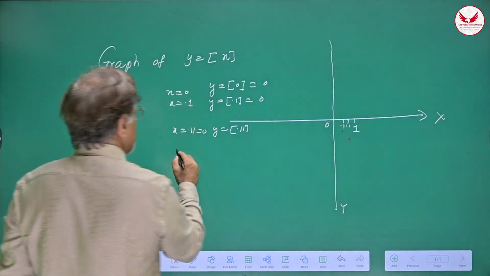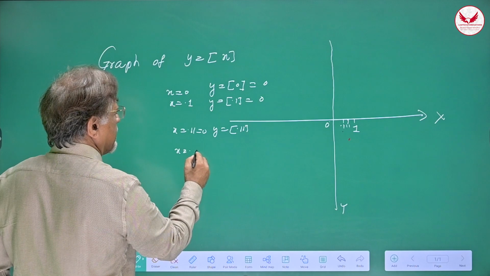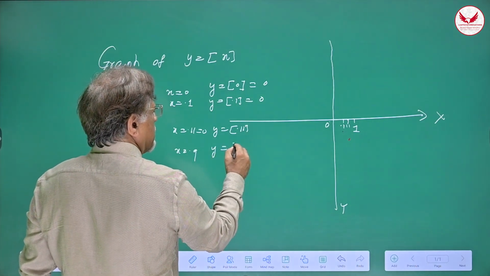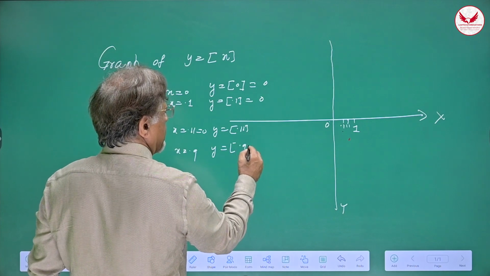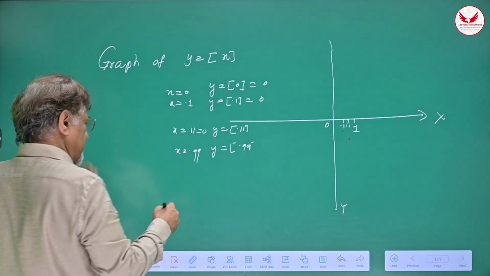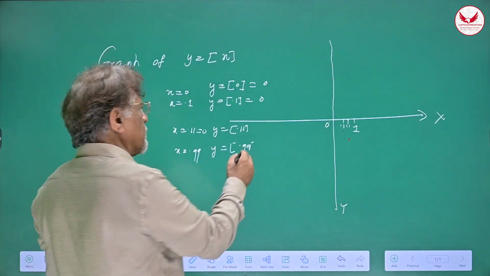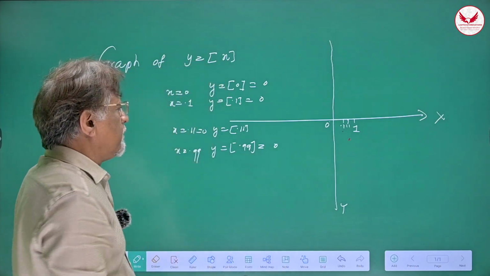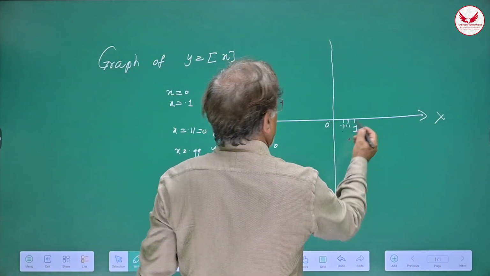For example, if x is equal to 0.99, so y becomes the integral part of 0.99. This is equal to 0, correct? Because 0.99 also lies between 0 and 1.